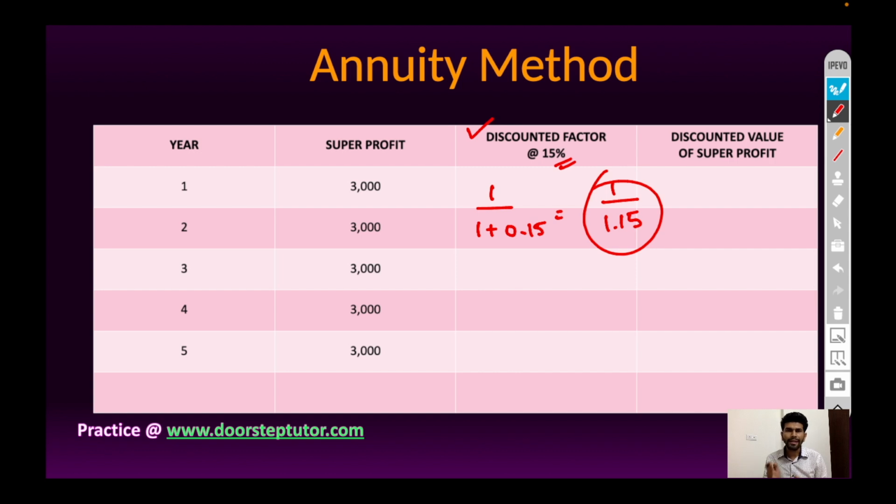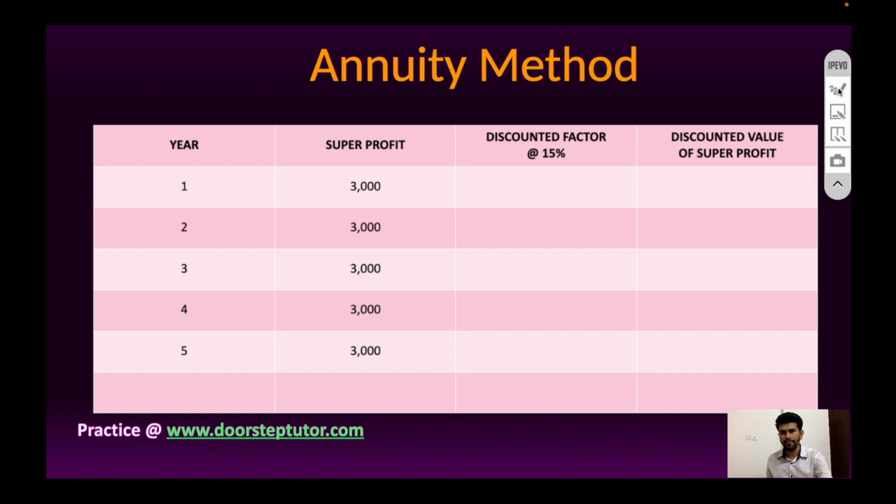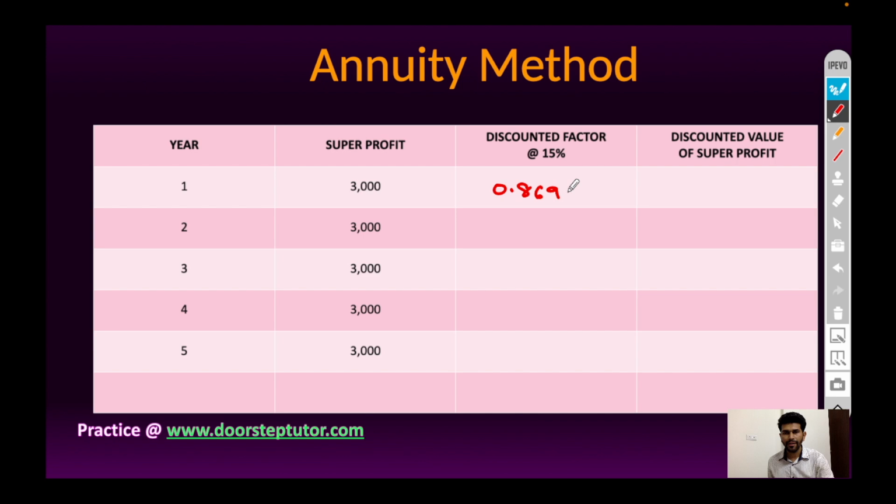And then onwards, by clicking on equal sign, we will get discounted factor for another year. For example, 1 divided by 1.15 for the first year, discounted factor will be 0.8695.